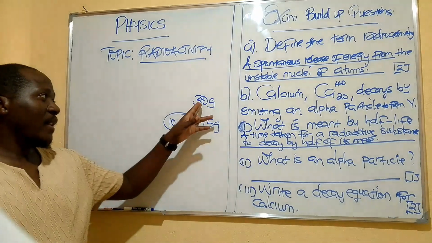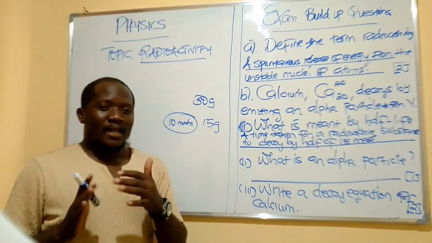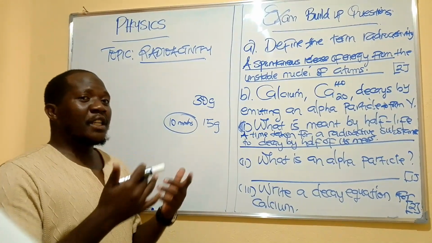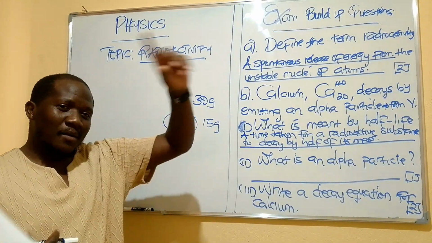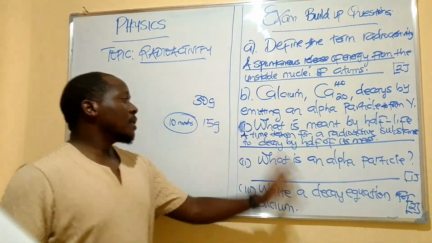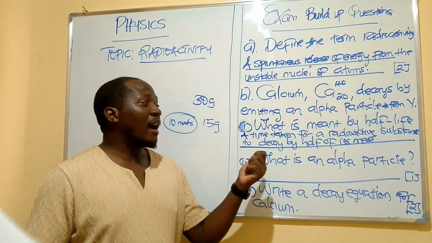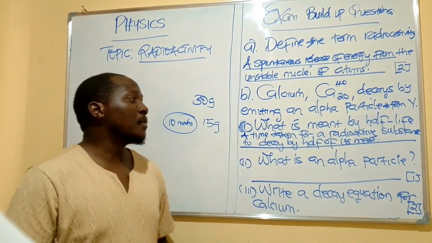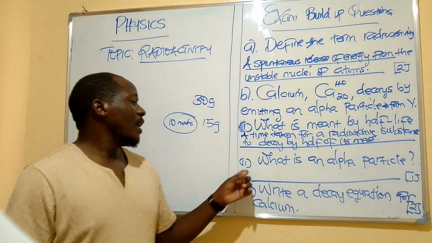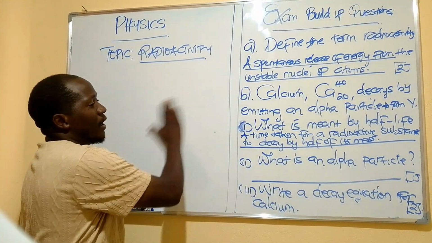Like I gave an example, if something has 30 grams, then it decays to 15. As long as 15 is half of 30, the time that it has taken to reach 15 from the 30 grams that it originally had is called half-life. So the time taken for a radioactive substance to decay by half of its original mass is what is referred to as half-life. Then 2, what is an alpha particle?